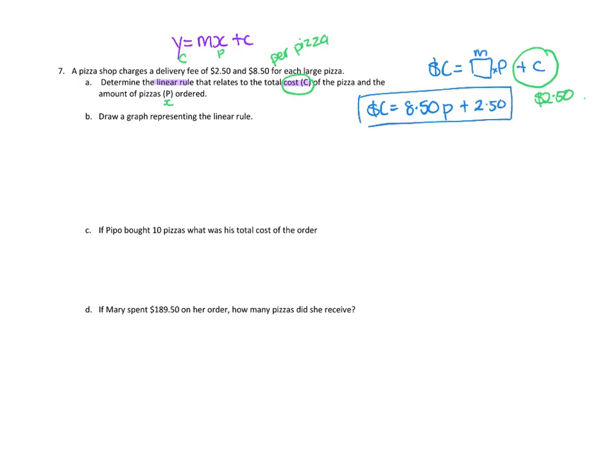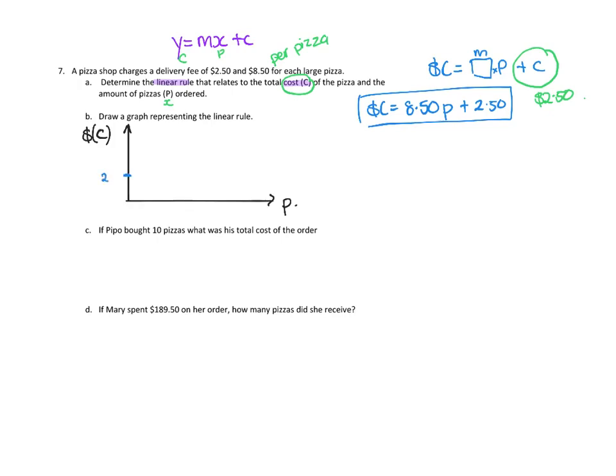So they want you to graph that, and you can go and do that on your calculator if you want to, but it's not too hard anyway. So look, what can we do? Now, remember the other day when I said, would we have negative amounts of pizzas? No. And would we get a negative cost? No. So we're not going to have that. Now, what did you tell me? How much would it cost no matter what? $2.50.